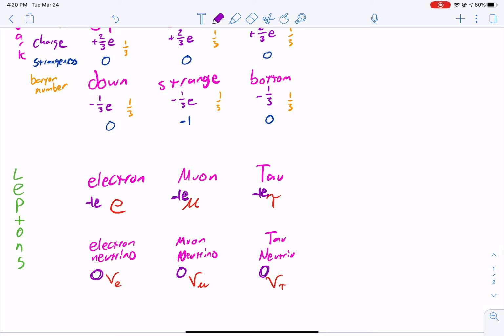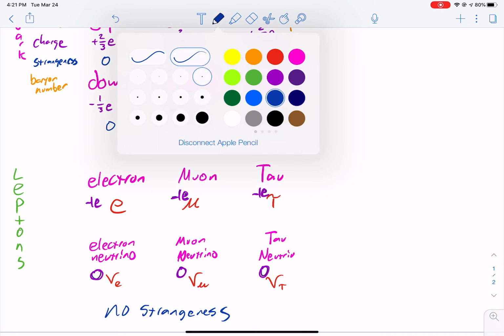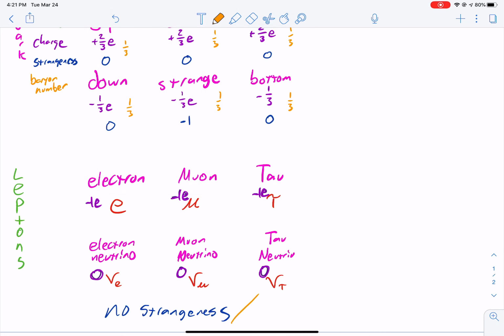Again, it's all found in topic 7.3. You do not need to worry about strangeness with any of these. None of these will have strangeness. So I'll just go ahead and write below here, no strangeness, even though I would say the neutrinos definitely seem strange. And none of these have a baryon number, so I'll write that down here too. No baryon number.